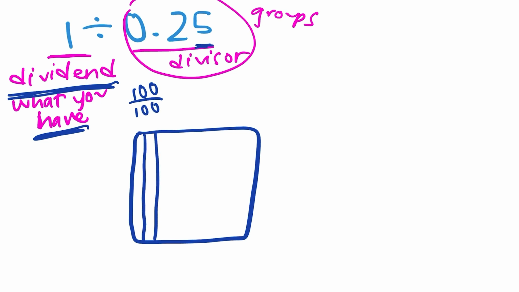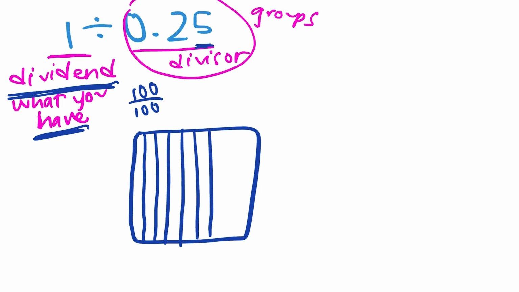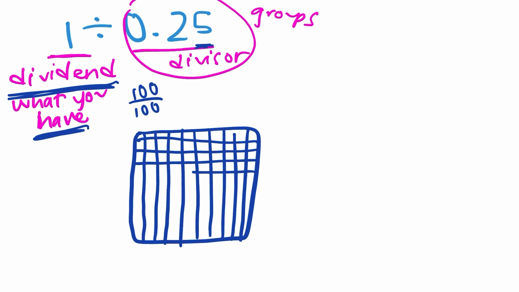We're going to make it look like this. Because I'm dividing by hundredths, that tells me what to split my whole into. So I'm splitting this into hundredths because I'm dividing by hundredths.